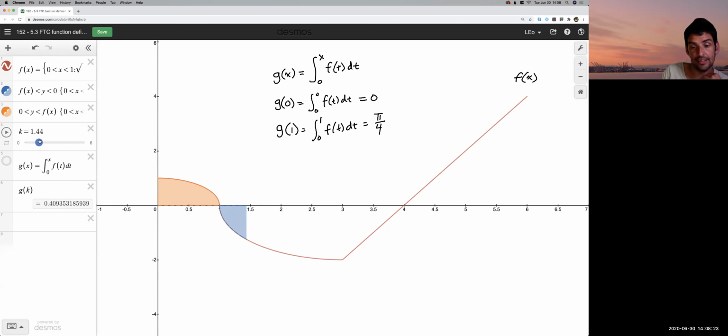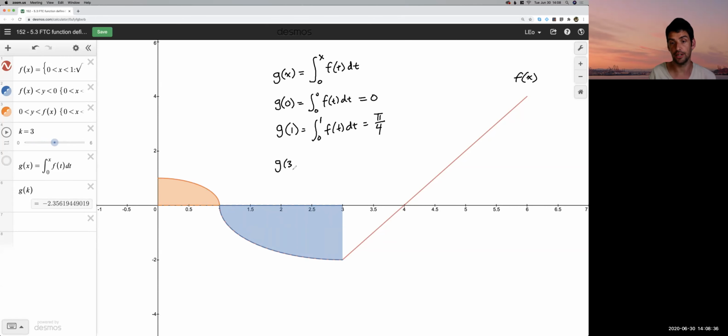Notice that as I continue going forward, what I'm showing on the screen, the shaded area, this would be g of 3. It's the integral from 0 to 3 of f. I've got the computer computing this for me.